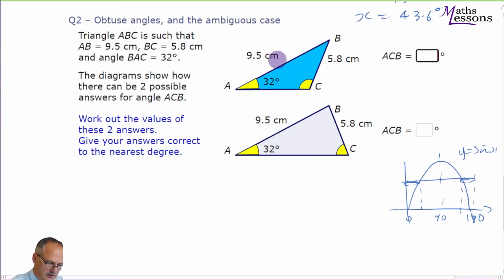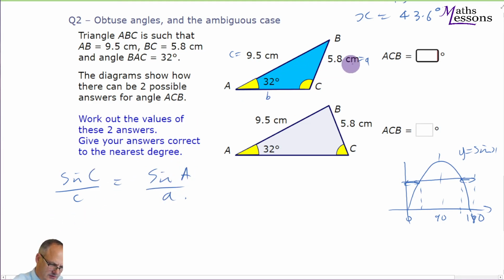So we've got A, B, C. We're going to call this one little c, call this one little b. No, not little b, sorry. It's the opposite angle, I'm going to call it little a. And this one's opposite b, so we're going to call that little b. So we want to find c. So we've got sine c over little c equals sine a over little a.